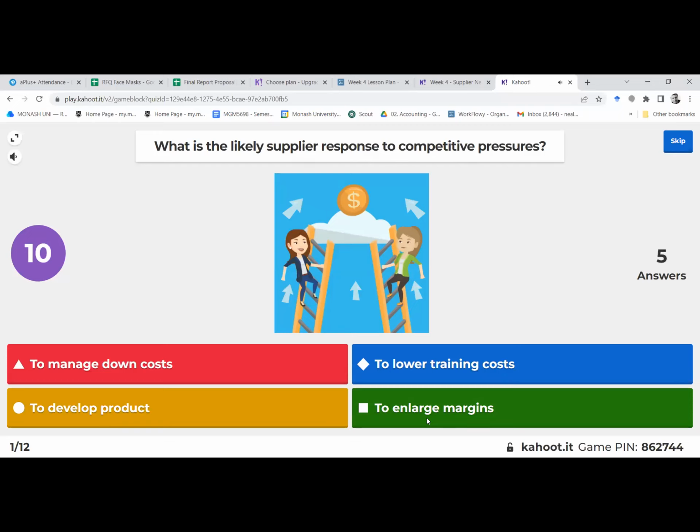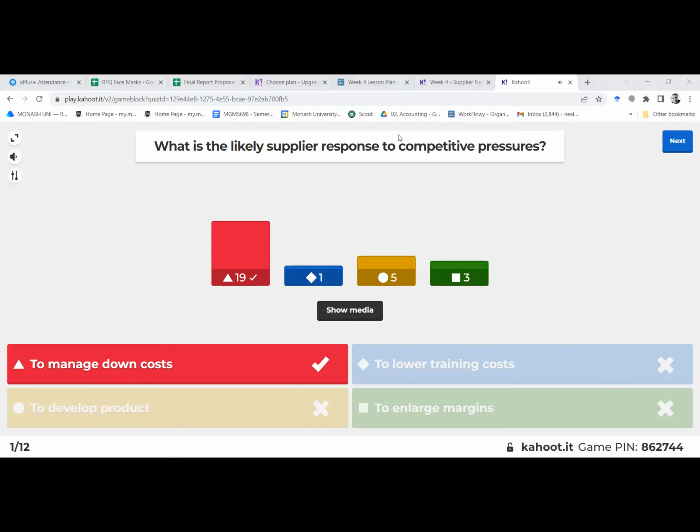To enlarge margins. Let me turn off the subtitles. Show subtitle settings, captions, and display size. Could you turn off subtitles, please? Okay, 19 of you. Excellent. To manage down costs. Absolutely.